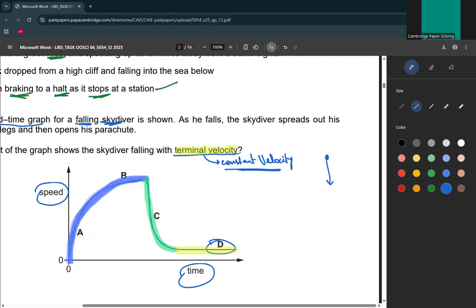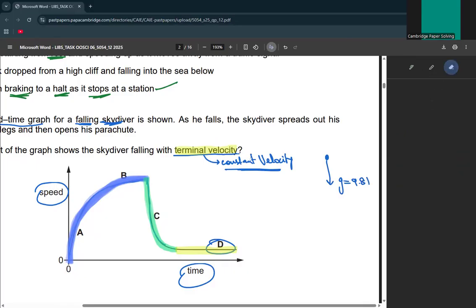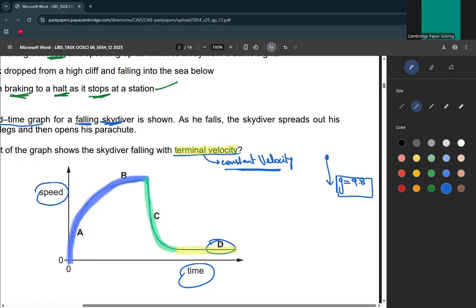Terminal velocity is a real life scenario, where resistive forces act on the body. As soon as the skydiver jumps, he falls with an acceleration of 9.8, this g. But after some time, as the skydiver is moving downwards, resistive forces, which in this case are air resistance, act in the opposite direction.